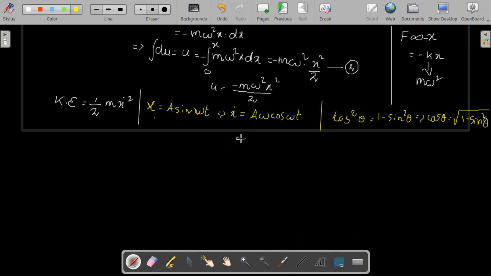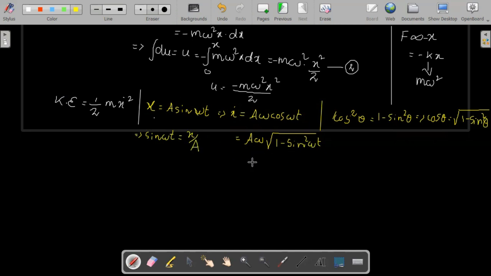We can write it as a omega, and in place of cos omega t, I can write root over 1 minus sine square omega t, since theta is omega t here. Now you can check here: x is equal to a sine omega t. It simply means that sine of omega t is equal to x divided by a.